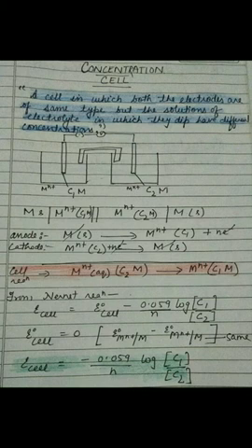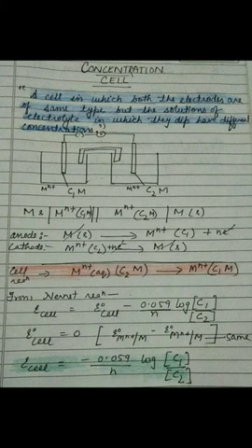M in solid state, half cell Mn+ with concentration C1, then the salt bridge, Mn+ with molar concentration C2, half cell M in the solid state. Now we'll write down the individual reactions for the anode and the cathode.